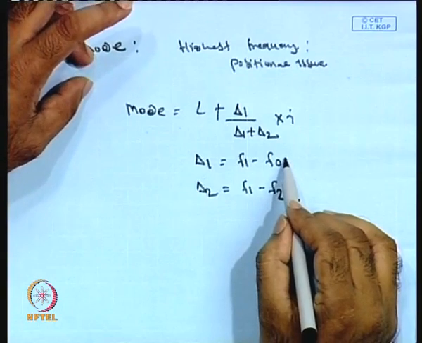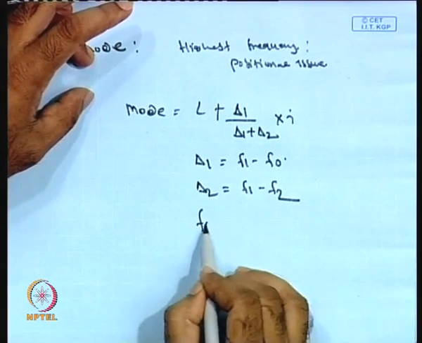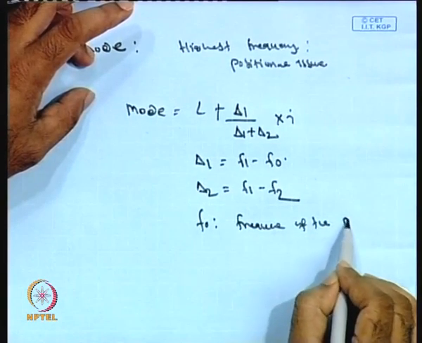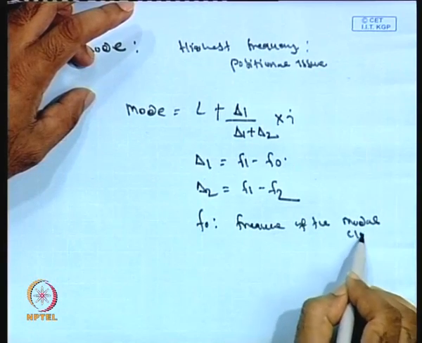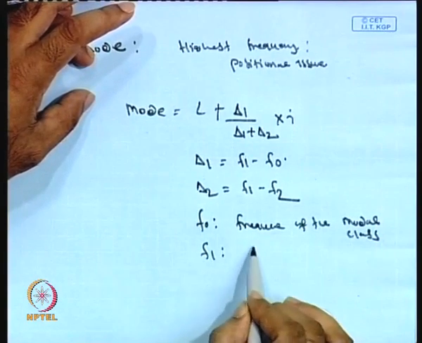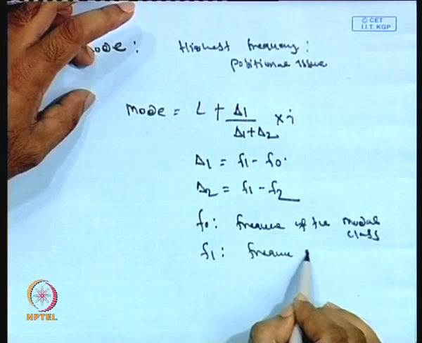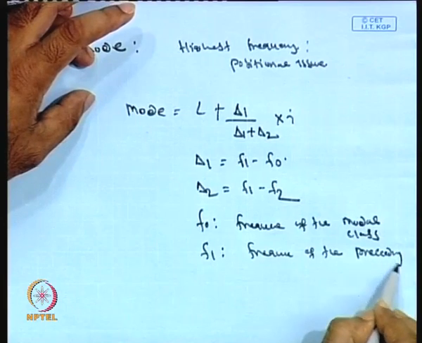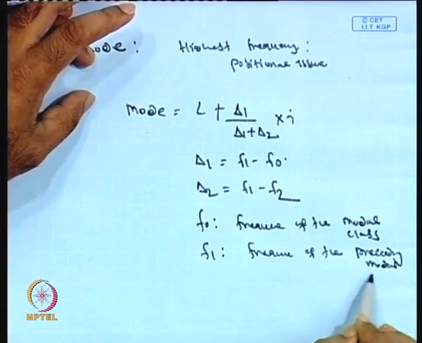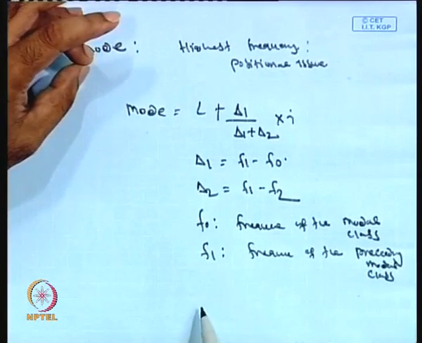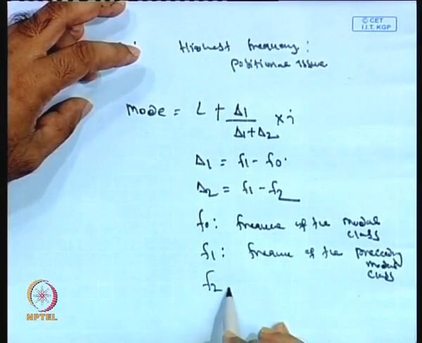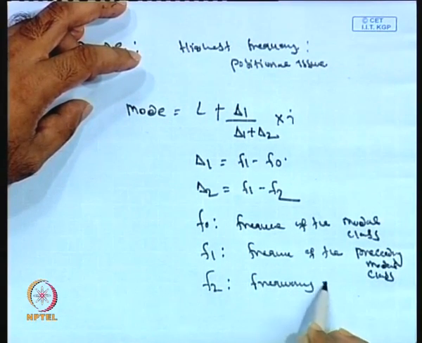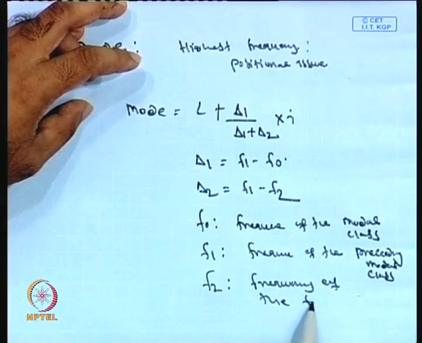Here f1 represents the frequency of the modal class, f0 represents the frequency of the class preceding the modal class, and f2 represents the frequency of the class following the modal class.